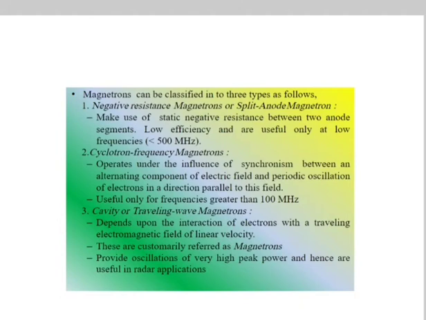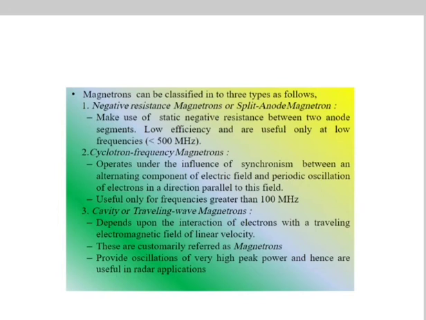The cyclotron frequency magnetron operates under the influence of synchronism between an alternating component of electric field and periodic oscillations of electrons in a direction parallel to the field. It is useful only for frequencies greater than 100 MHz.